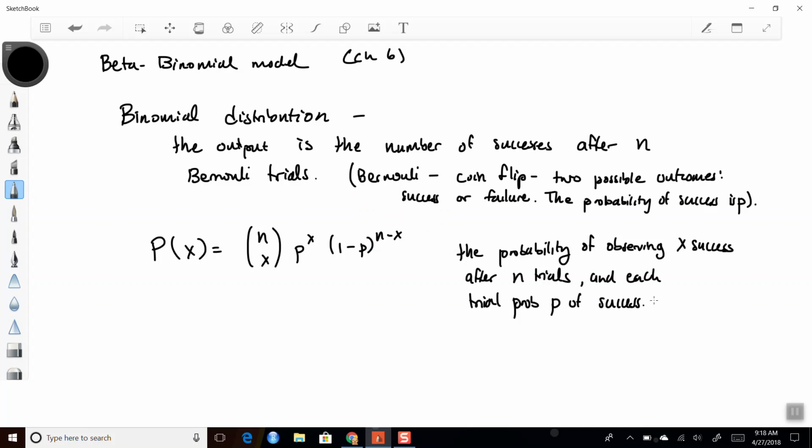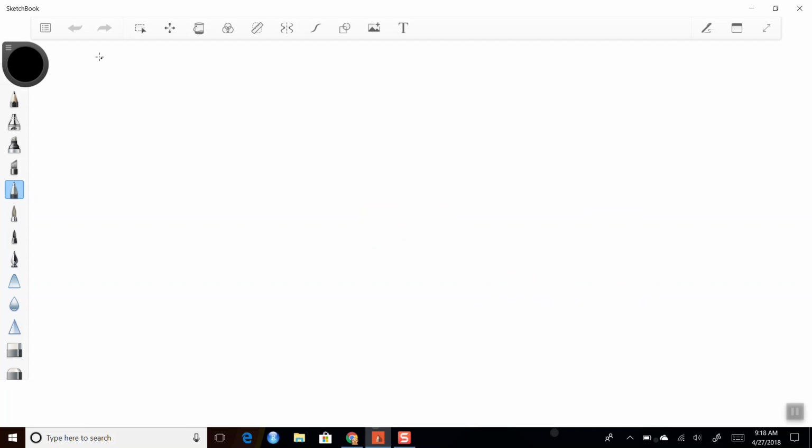Okay, what is the beta distribution? Let's talk about that. The beta distribution, we often throw this term out there, which probably doesn't make sense in the beginning, but we often call it the conjugate prior to the binomial.